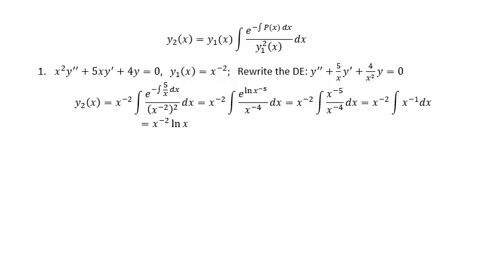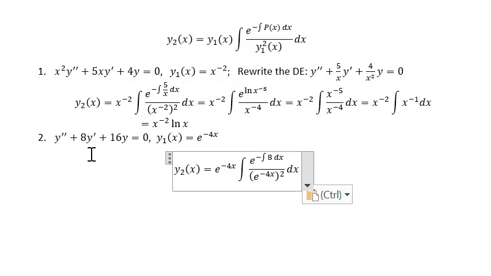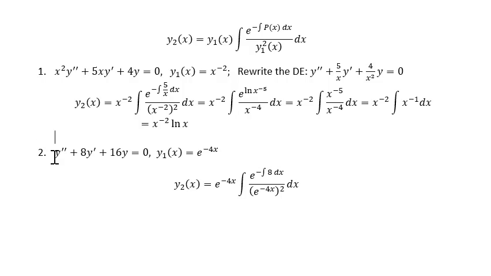Okay, so I believe that's what some of you got as you were working with this. Now let's take a look at our second example. We'll start off again using that formula. We'll start off with y1 is e to the negative 4x, so that's the y1 that goes in here. It also goes in here.